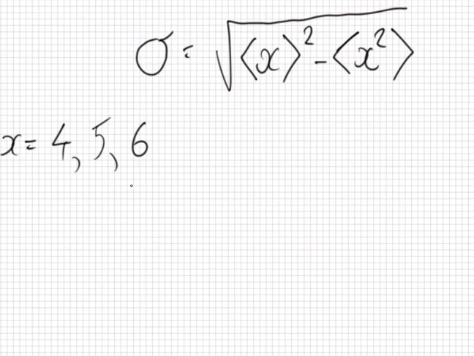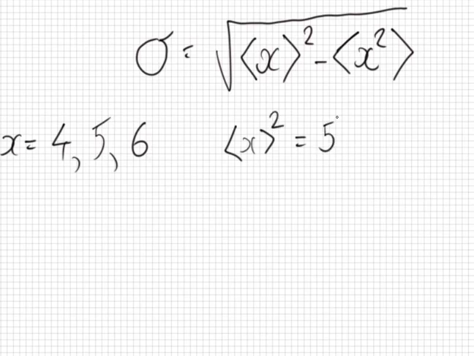You're looking at me confused. Okay, so here are 4, 5, 6. We know what the answer is going to be. What is it going to be? 0.7, wasn't it? 0.8. So what does this mean? First you get the average and then you square it. What's the average of these 3 numbers? 5.